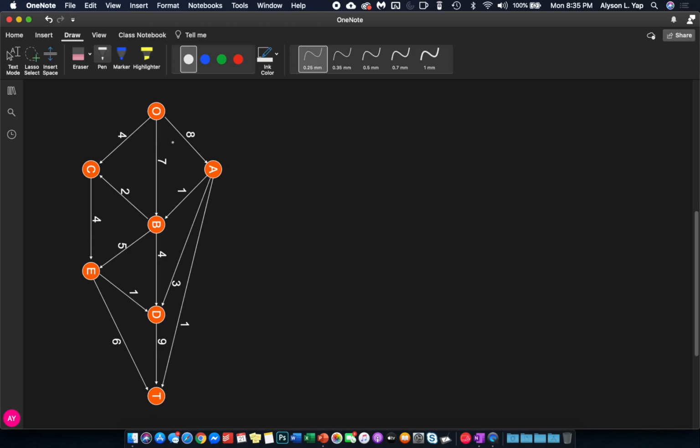Okay, and imagine a faucet in node O and an exit pipe in node T. The maximal flow problem talks about opening the faucet in node O, letting water go through the different pipes, and eventually exiting in node T.